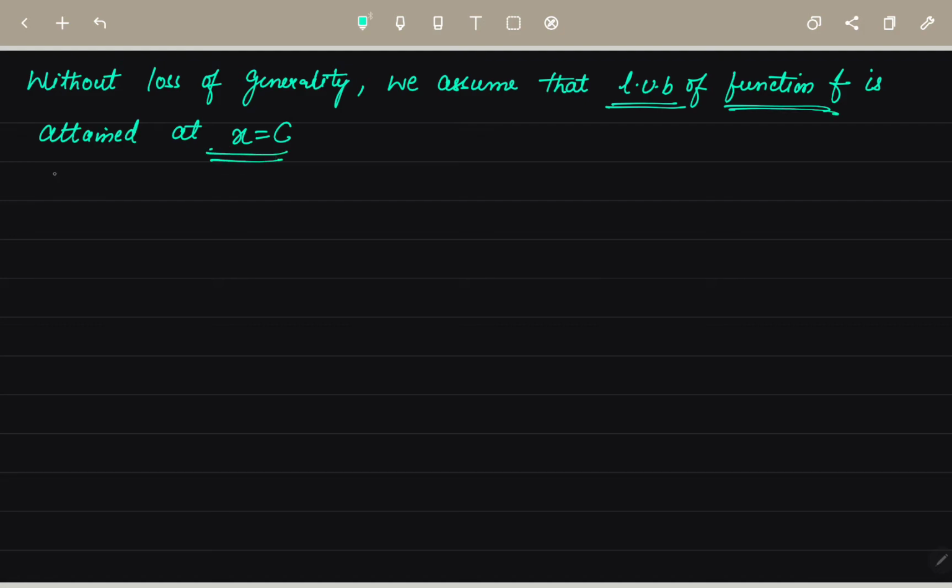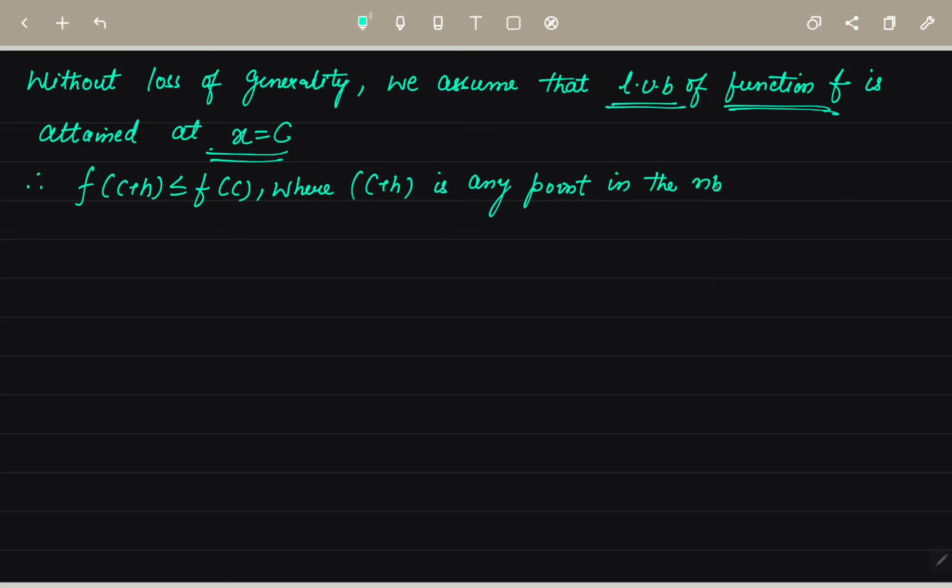So therefore I will write f(c+h) is less than or equal to f(c), where c+h is any point in the neighborhood of c, and h may be positive or negative.